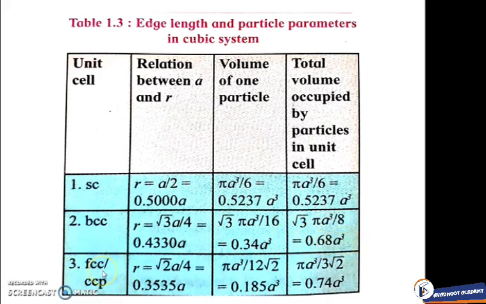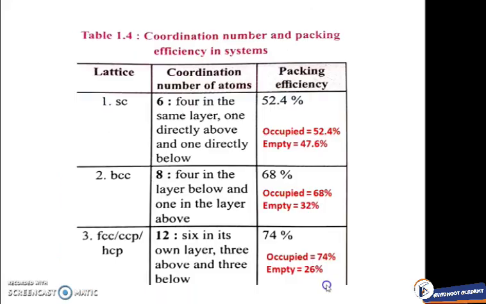For the face centered cubic system or cubic close packed system, r is equal to root 2 a by 4. The volume of one particle is 0.185 a cube, and the total volume occupied by particles in the face centered unit cell is 0.74 a cube.